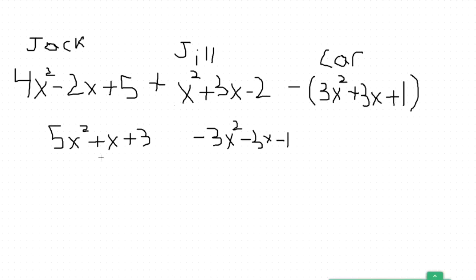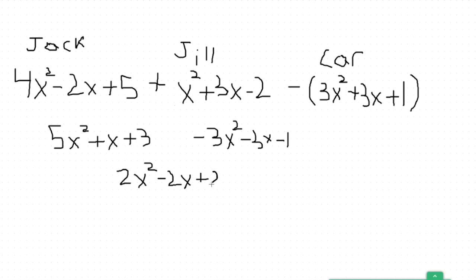So now we have these two terms, and now the final step in simplifying the expression is to combine like terms again. So 5x squared minus 3x squared is going to be 2x squared, and then x plus negative 3x is negative 2x, and then we have plus 2.